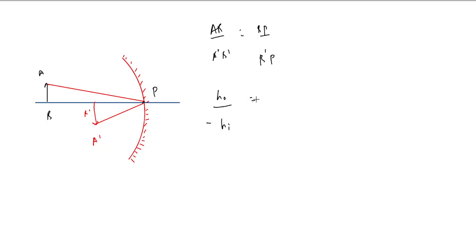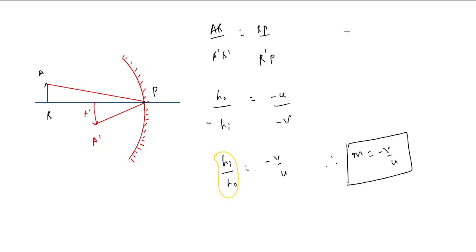It is equal to BP, which was minus u by sign convention, and PB dash, which was minus v. If you take the reciprocal and rearrange, height of image by height of object would be minus of v by u. But by definition, this is magnification. Therefore, m is equal to minus v by u. This is called magnification.